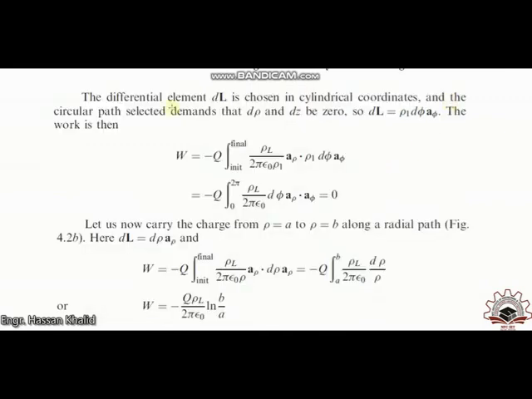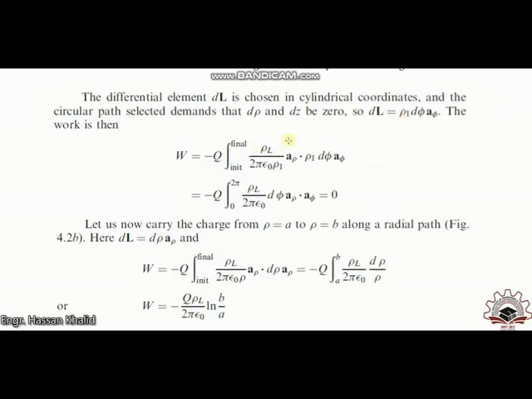Now the work equation states that W is equal to minus Q times the integration of the electric field intensity along the line in the direction of rho and dL. Since it's considering the cylindrical path, the field is surrounding the charge in a circular path, so d rho and dz will be considered as 0, whereas the circular path surrounded by the electric field will only exist at that point.